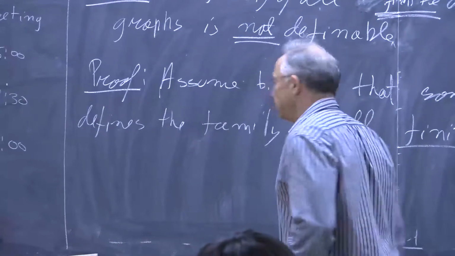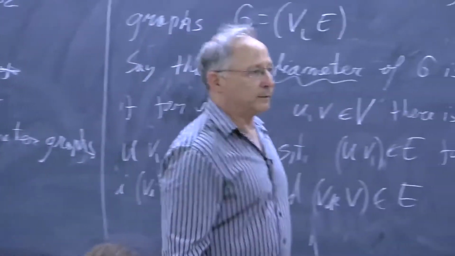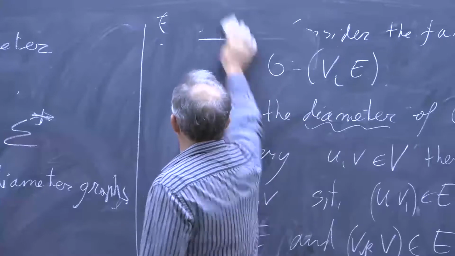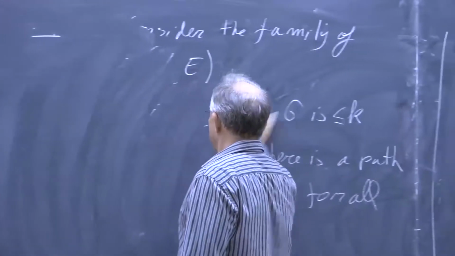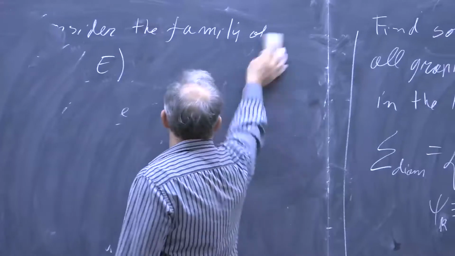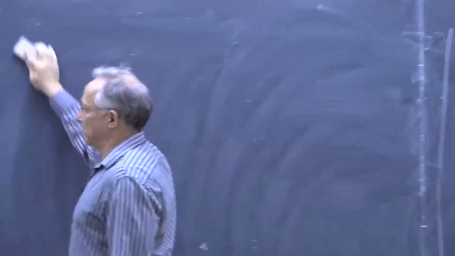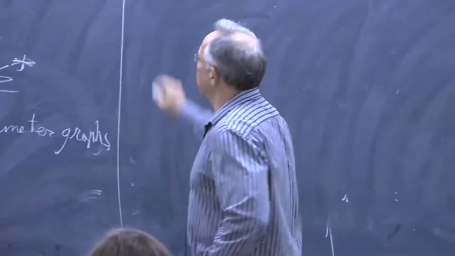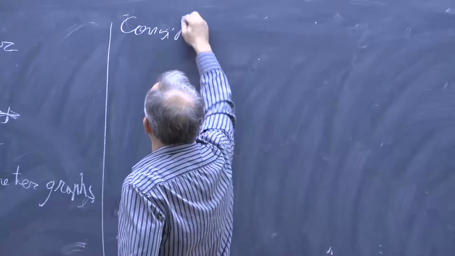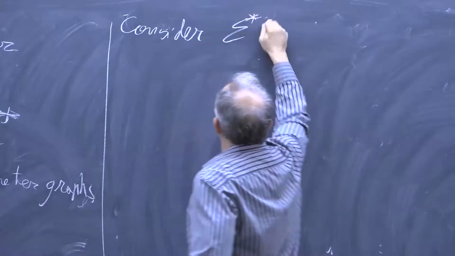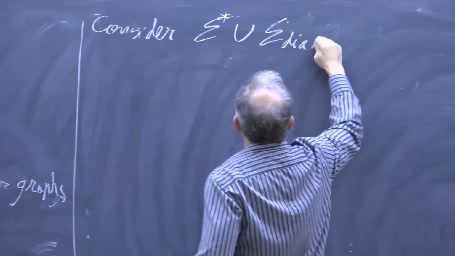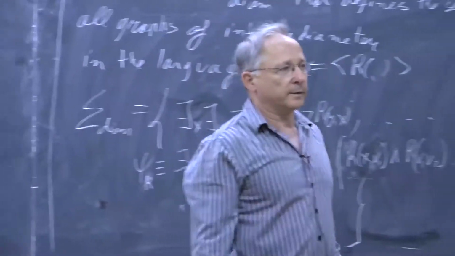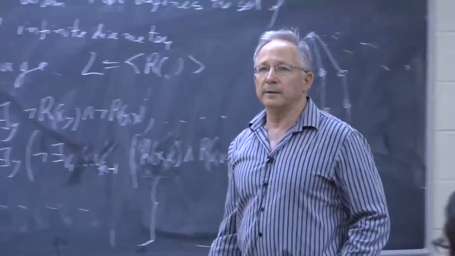And now we're going to use this union again. So now we are going to consider sigma star union sigma diameter that we had here, the union of these two sets of sentences.